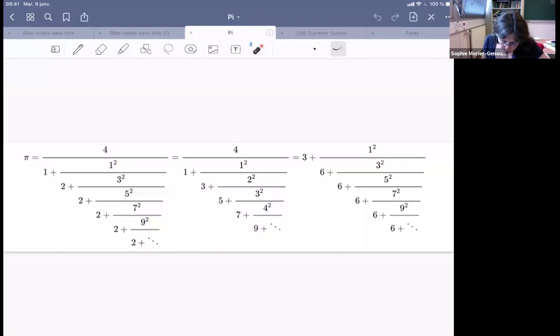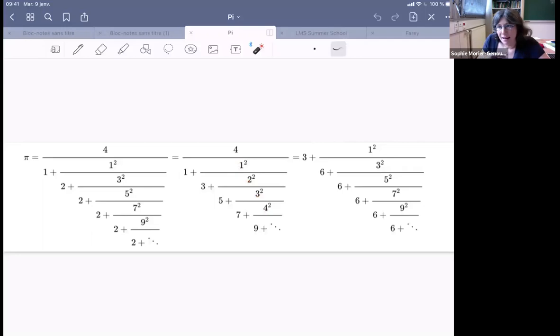So just to show you some amazing formulas for pi, if you allow arbitrary numbers on the top, for pi, you will have this beautiful regularity of the odd numbers squared. Here you have only 2s. You can also find a formula like this, the natural numbers squared, and here the odd numbers.